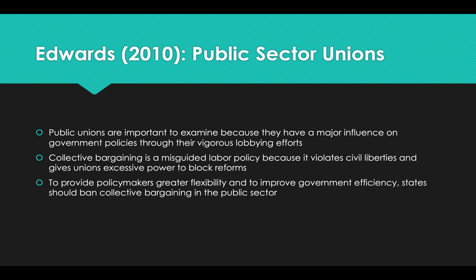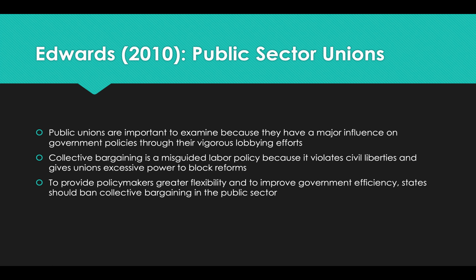benefit them. So Edwards argues that collective bargaining is a misguided labor policy because it violates civil liberties like freedom of association and gives unions excessive power to block reforms. Oftentimes, teachers' unions blocking certain education reforms are pointed to as where unions have become too powerful.